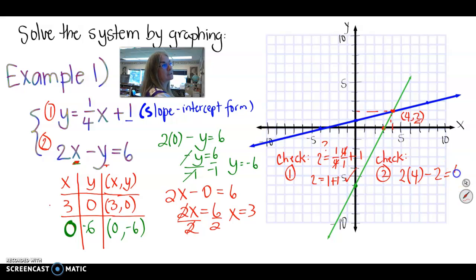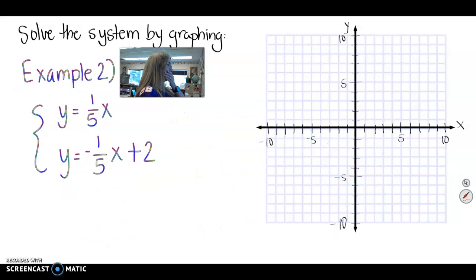Does that equal 6? So this is 8 minus 2, which, yes, equals 6. So those are the steps: graph both equations, find their solution, and then check it. So try to do this one and come back to see if you get the same thing I do.